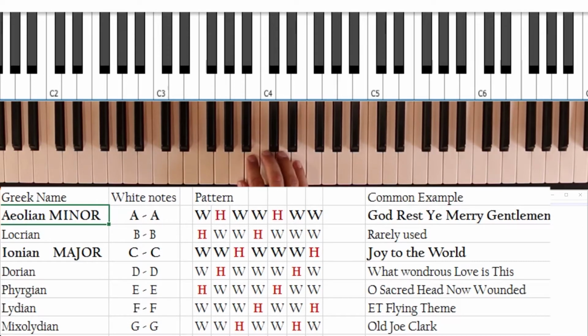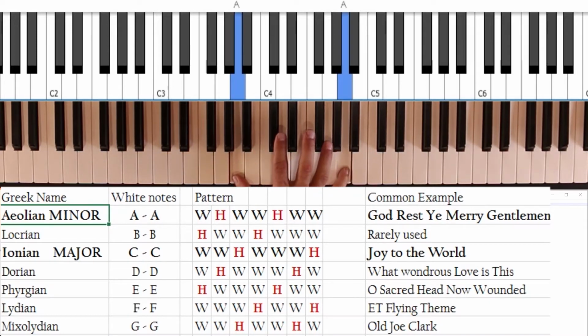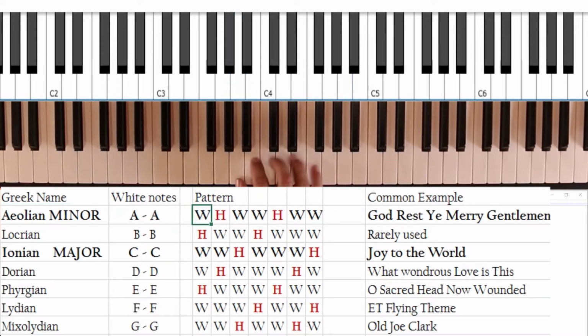It's the Aeolian mode, and this mode has a different pattern to it. If I go from A to A, this will create what we call the Aeolian mode, the minor scale. You'll hear it has a different sound to it. It begins and then it goes a whole step, half step, whole step, half step, whole step, whole step.